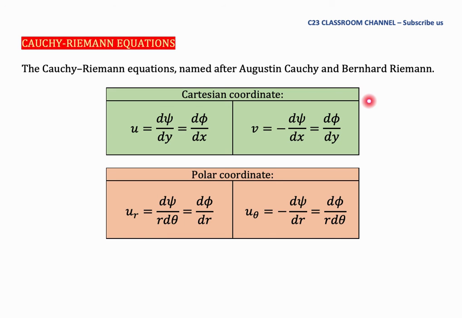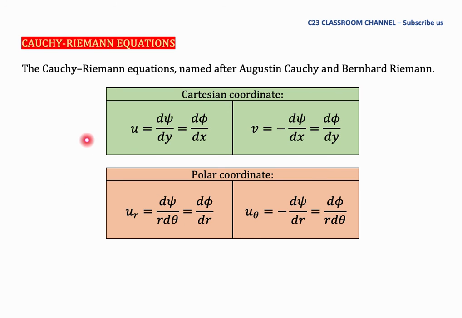So I hope you can remember all of these equations that we call the Cauchy-Riemann equations. Or if you cannot remember them, please make sure that you can draw the diagram of Cartesian coordinates and polar coordinates, and derive your own relationship between u and v, psi and phi, because we already learned about that previously, and we conclude all of the velocity relationships and call it the Cauchy-Riemann equations.